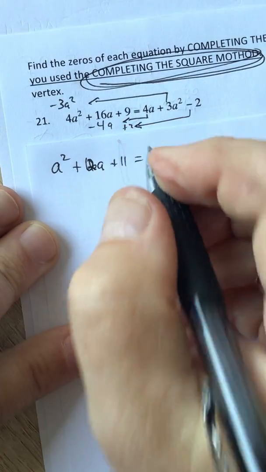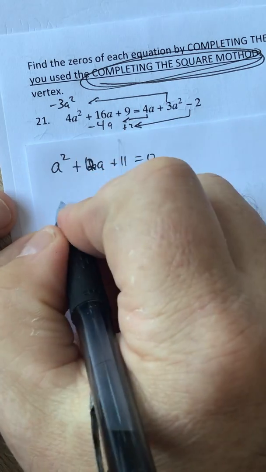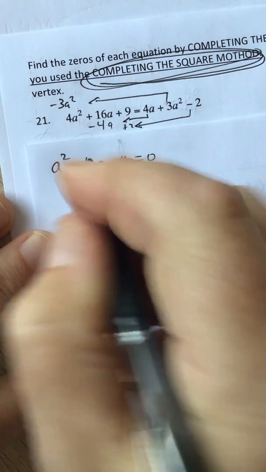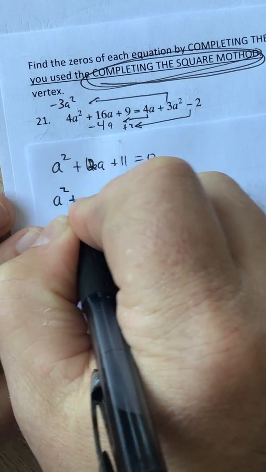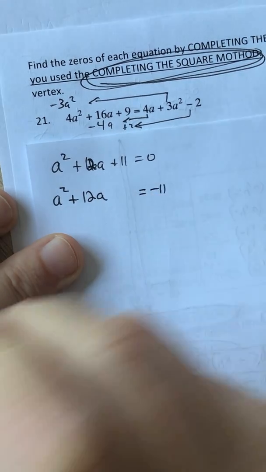Okay, complete the square. We got to move this little 11. We're kind of moving it out of the way. So a squared plus 12a. Now you can move the 11 to the other side.